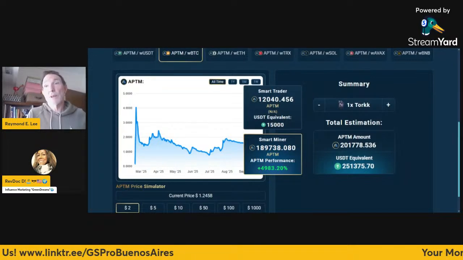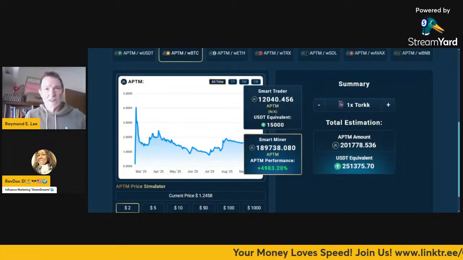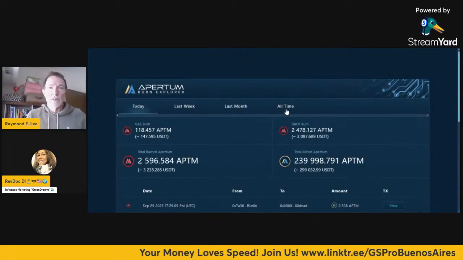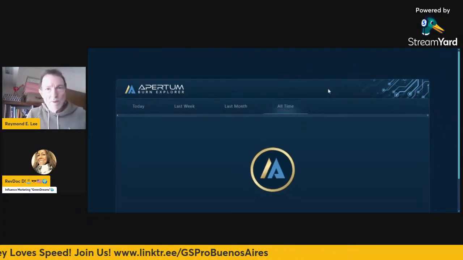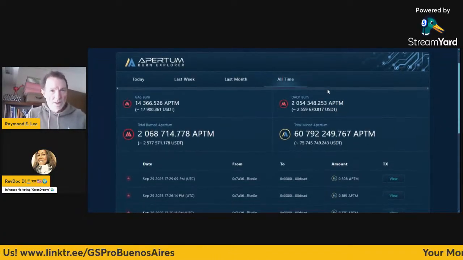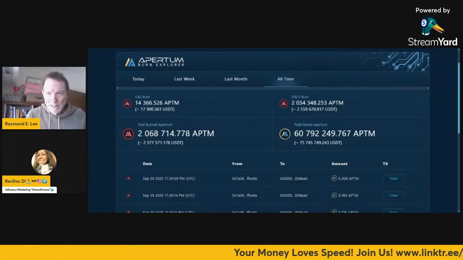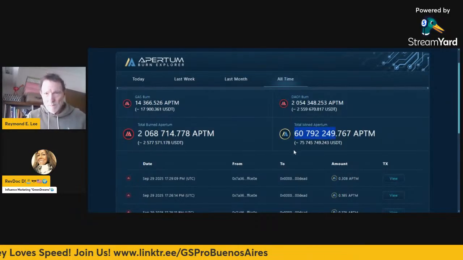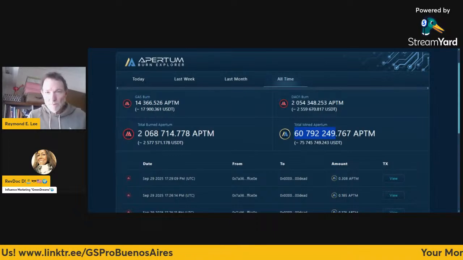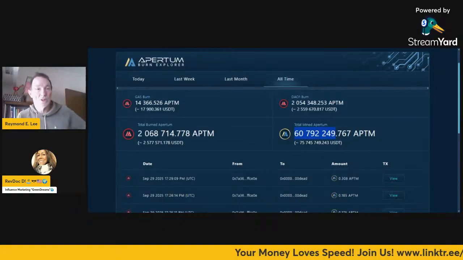A portion of the transaction fees are burnt using the burning mechanism, which is this. This shows you how many of these APTM coins have been burnt to date. Of the 60 million APTM coins mined, there has been 2.5 million USDT value burned.